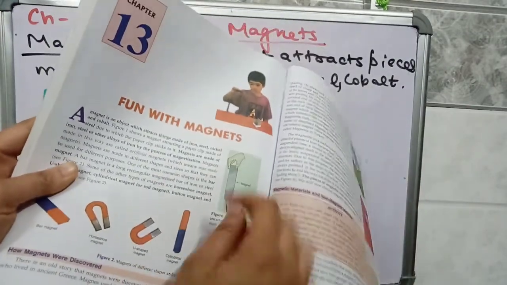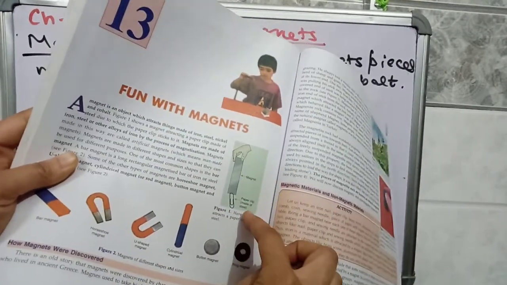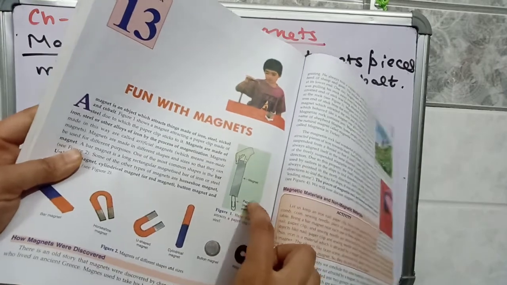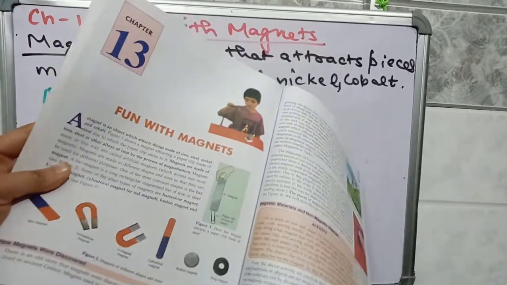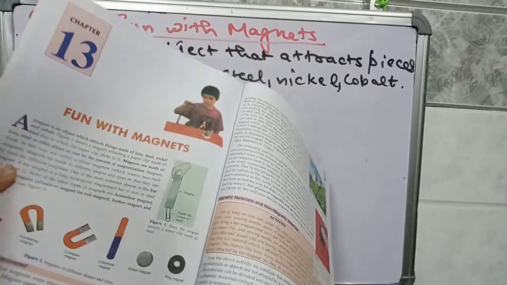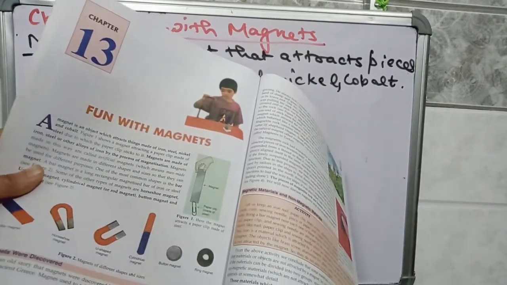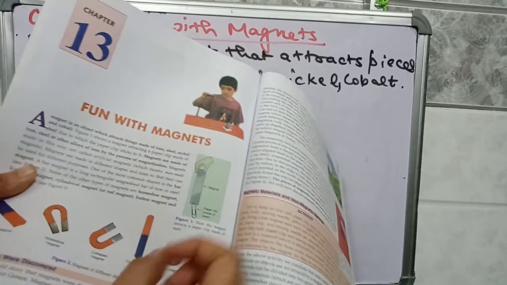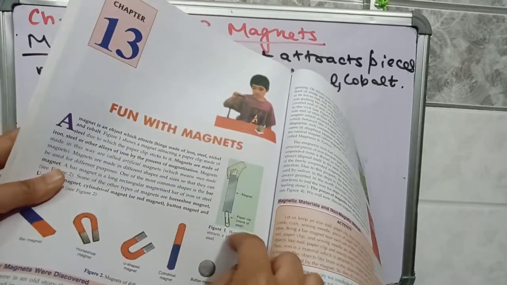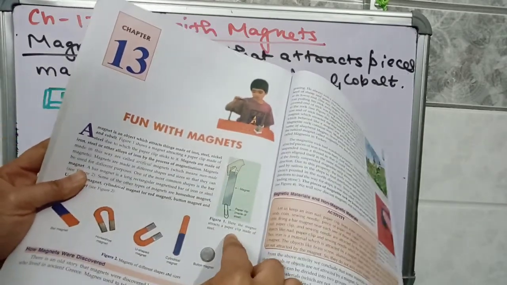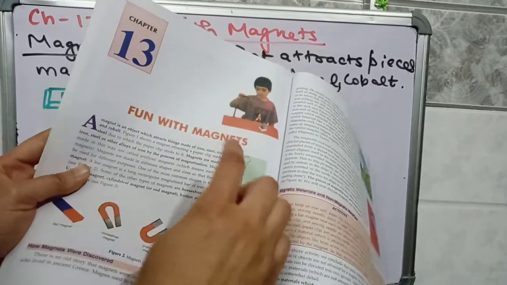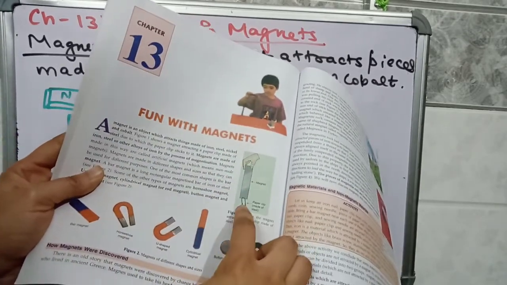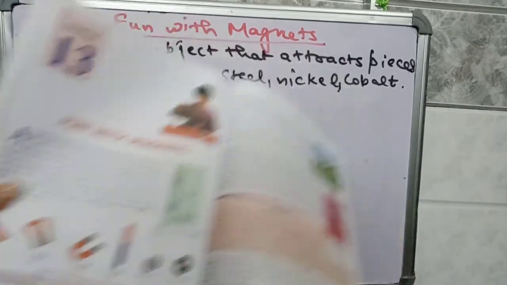So in this figure it is shown that a magnet can attract a paper clip made up of steel. Okay, a paper clip is used to prevent the folding of paper. If this paper clip is made up of steel or iron, most of the time it is made up of steel, then it will be attracted towards the magnet.